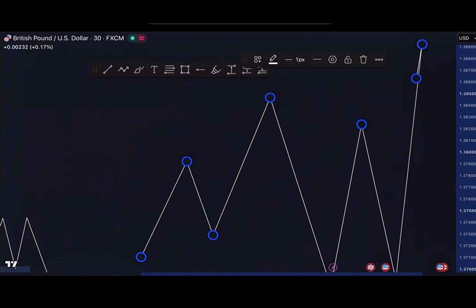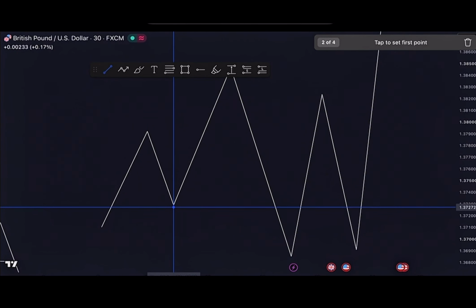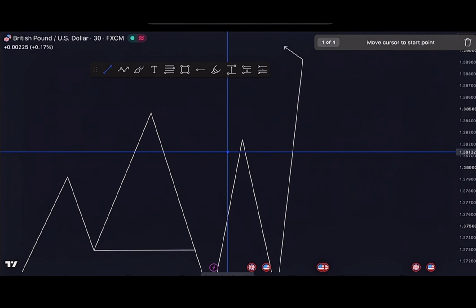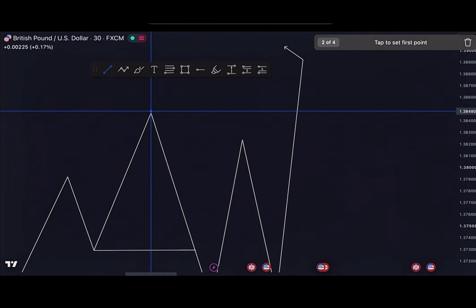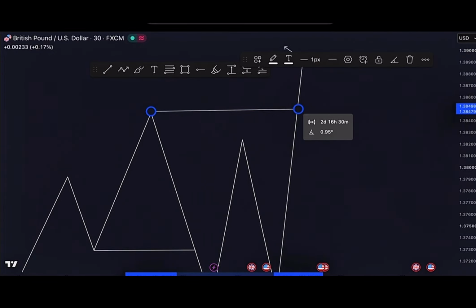We took out the bullish movement at this side. However, we had another one which came back to reclaim the market. So we can actually have this in the market as well.